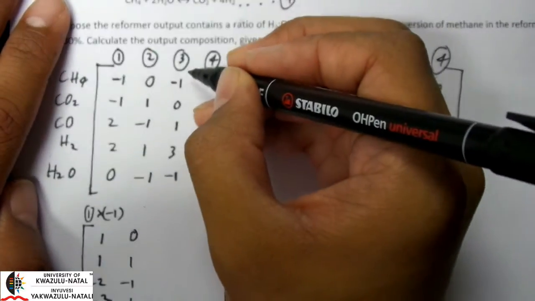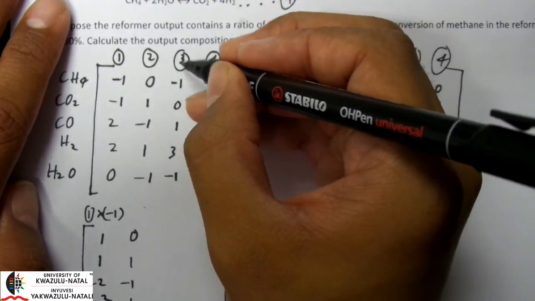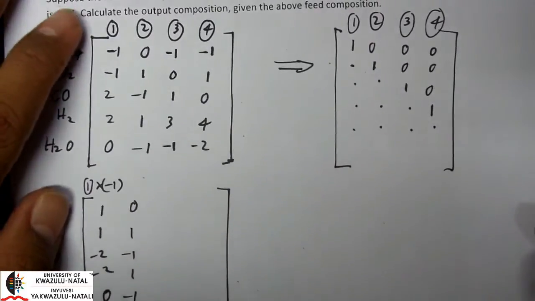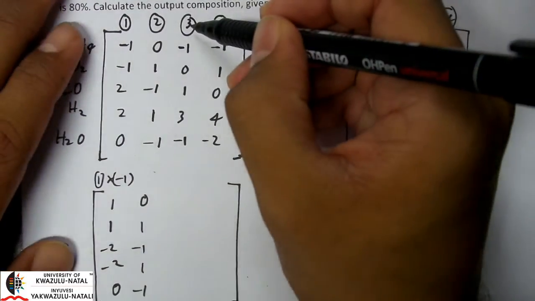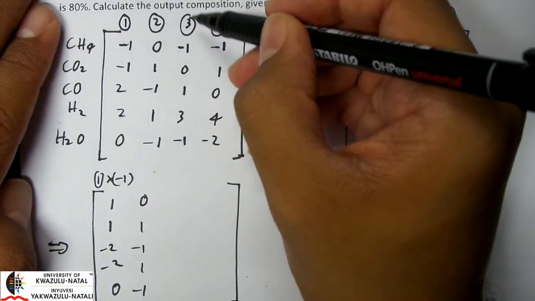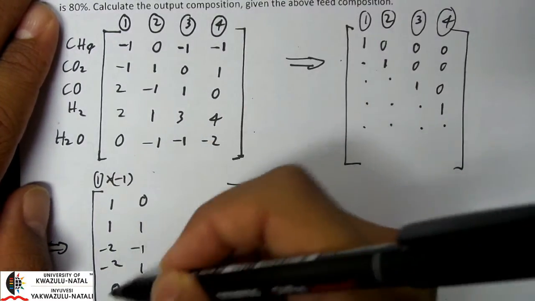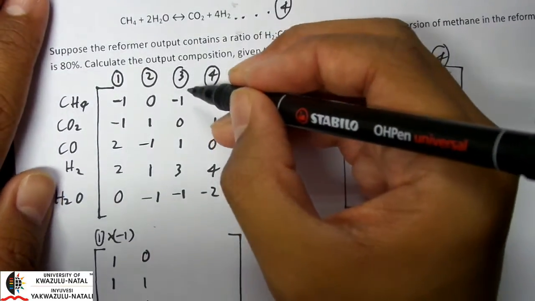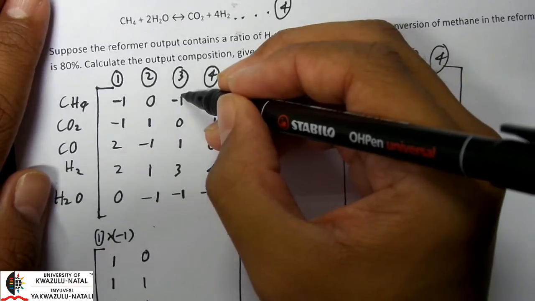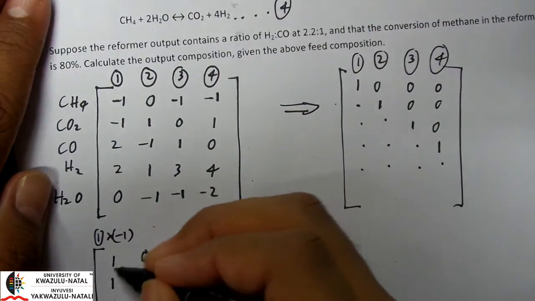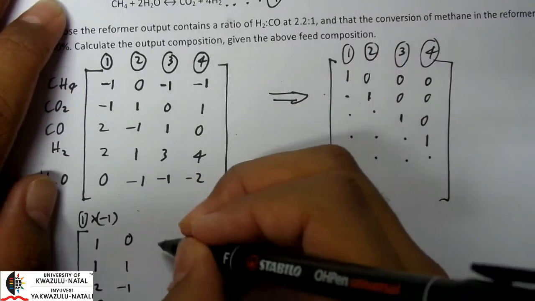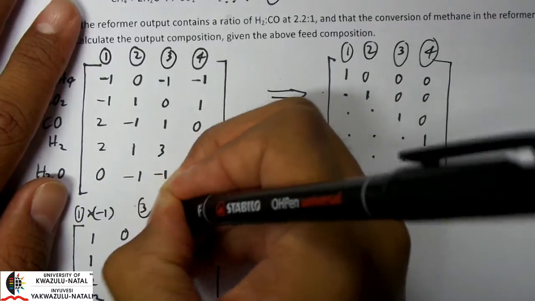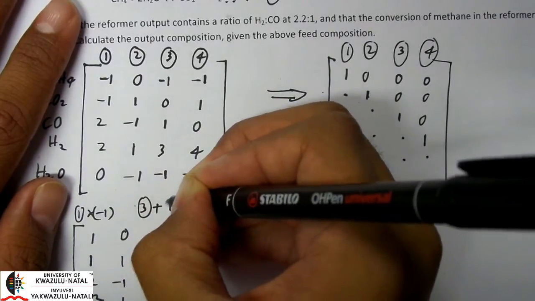So I will need to add it to a multiple of column 1. Now we are performing an addition between column 3 from this matrix and our new column 1. Since we have a -1 here, if I simply add it to the 1 here, I will get 0. So let me apply that operation for the entire column 3. I'm going to simply say column 3 plus column 1.